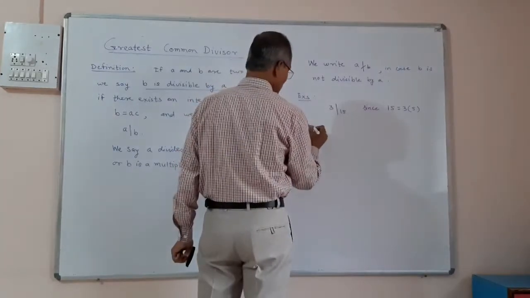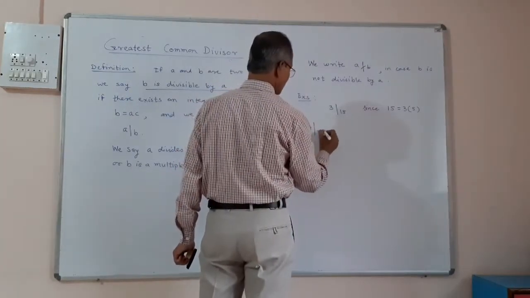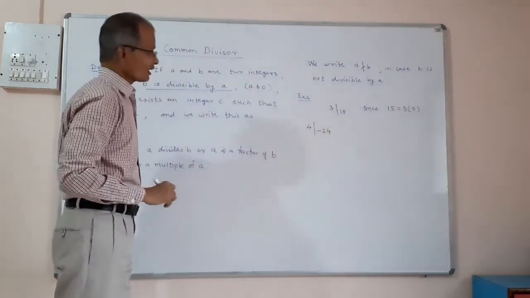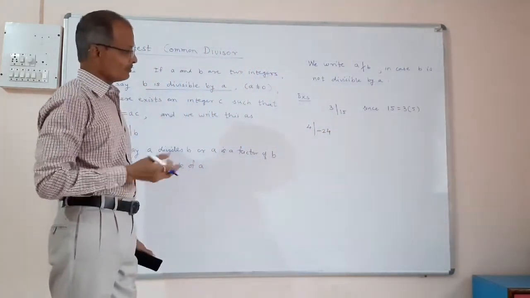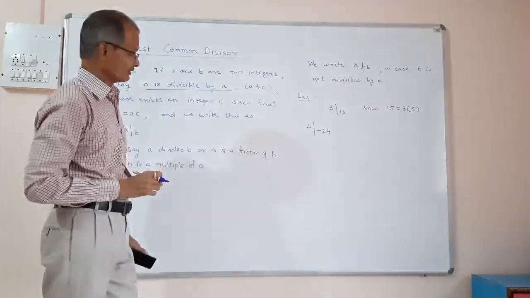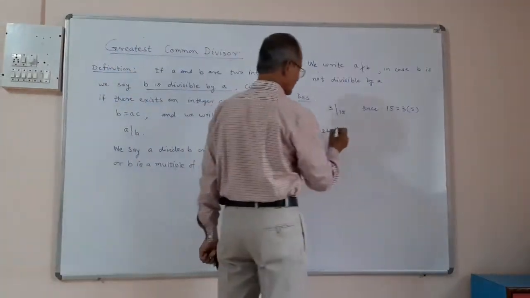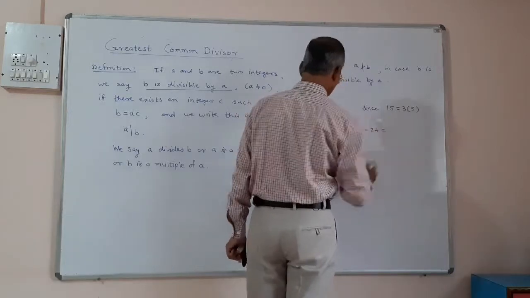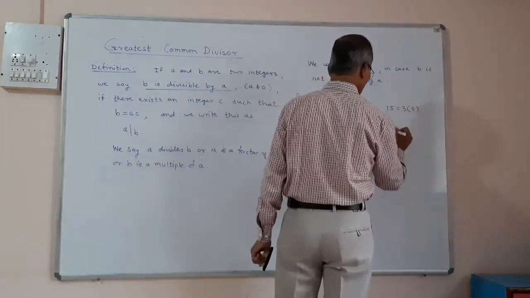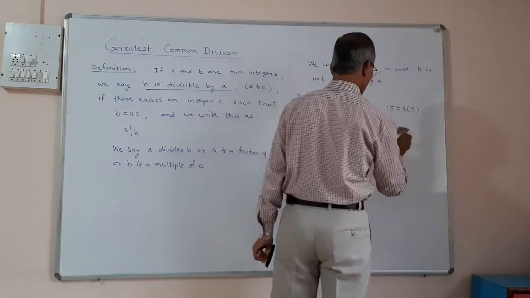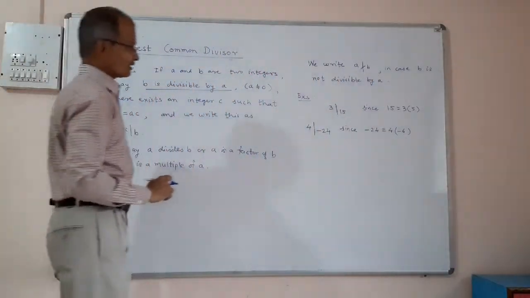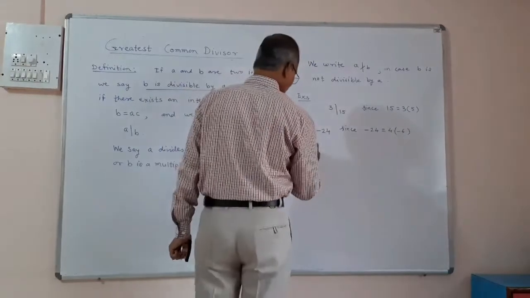Or likewise 4 divides minus 24. The relation may be for positive integers or negative integers. 4 divides minus 24, since minus 24 is written as 4 into minus 6. So here c is minus 6, and so on.